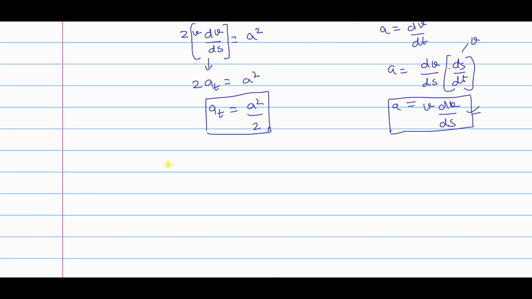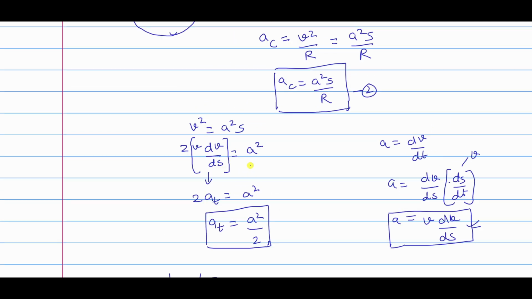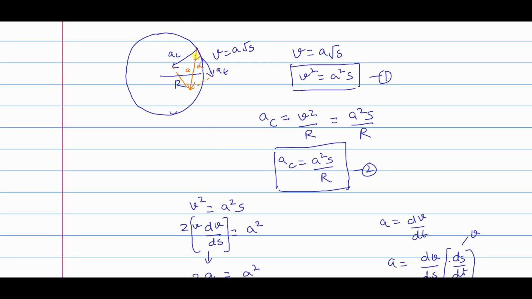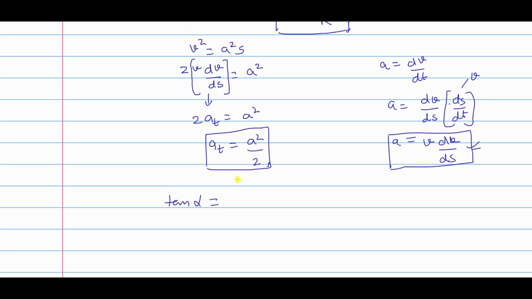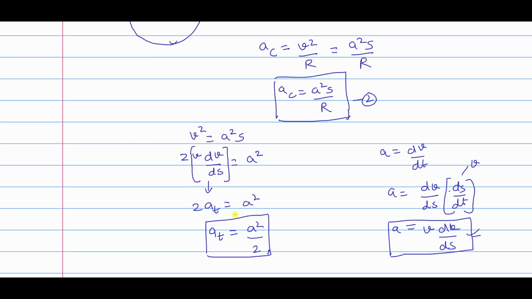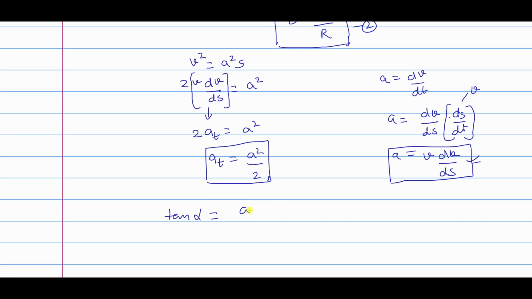We know that tan alpha is equal to the acceleration perpendicular upon the acceleration adjacent. So it will be a square s by r upon a square by 2.